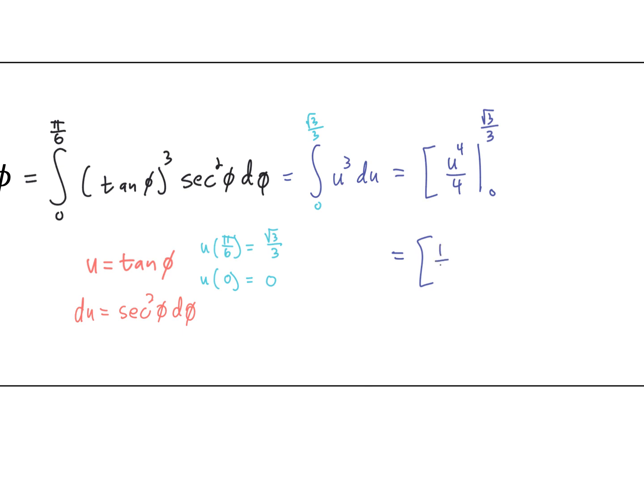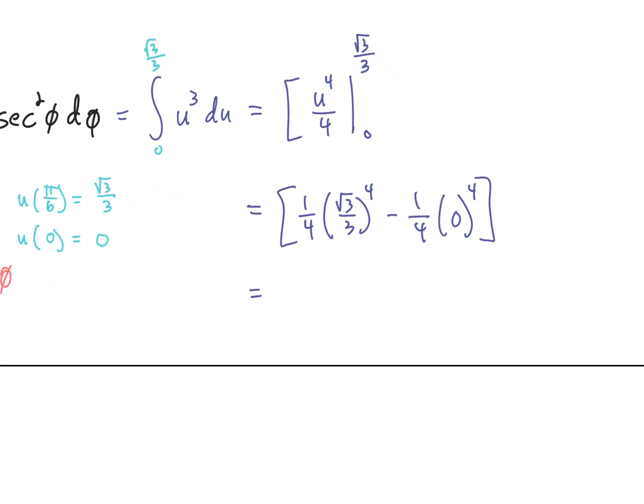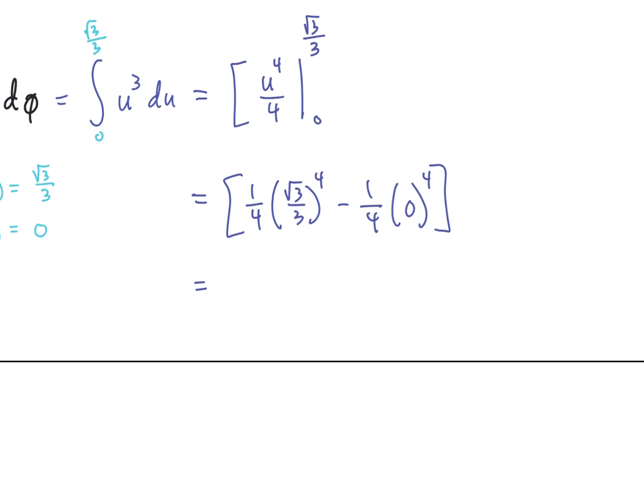So this is really 1/4, and then we'll plug in the top limit, and then minus 1/4, plug in the bottom limit. Okay, and then now just simplify this to be a number. So that's just 0, so that'll go away. And then this will be 1/4.